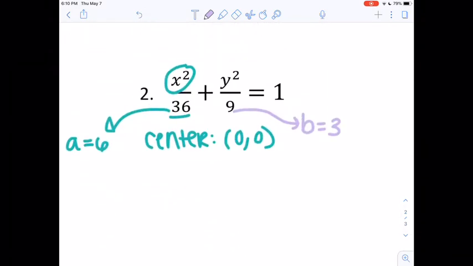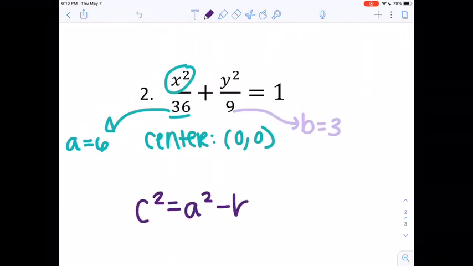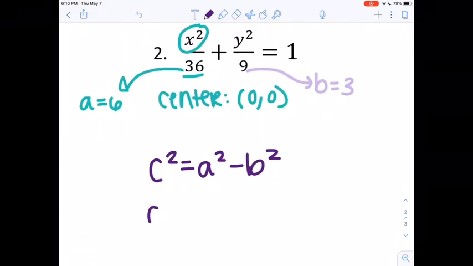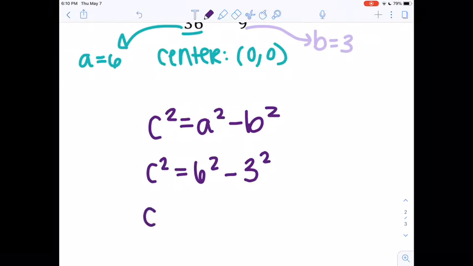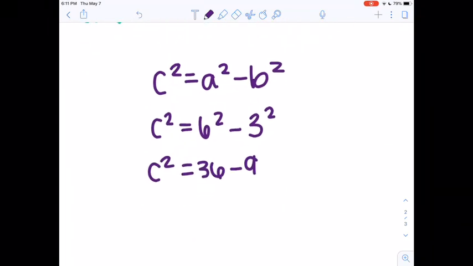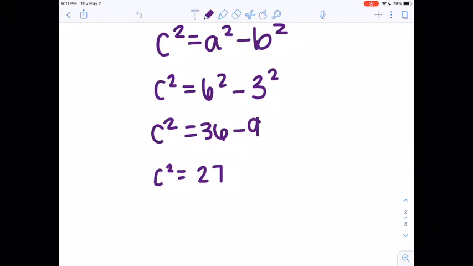Okay, so we're going to use the formula c squared equals a squared minus b squared. Well, we have 6 squared minus 3 squared. So c squared equals 36 minus 9. And so c squared equals 27.